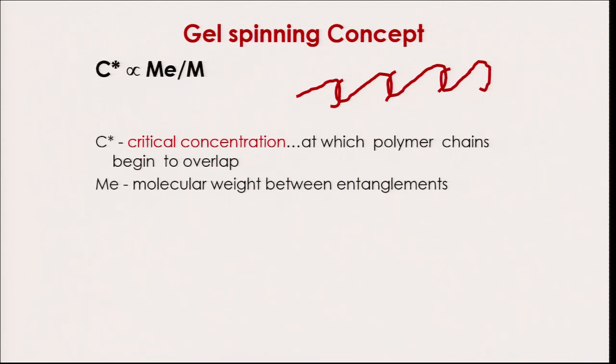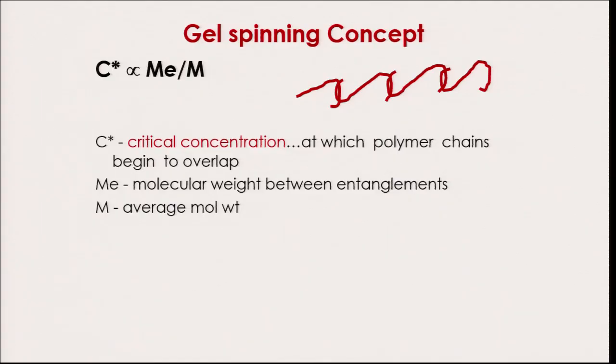The more flexible a polymer, the lower will be the entanglement molecular weight. That means it is easier to entangle, right. The more rigid a material, the less probable it is for it to entangle.